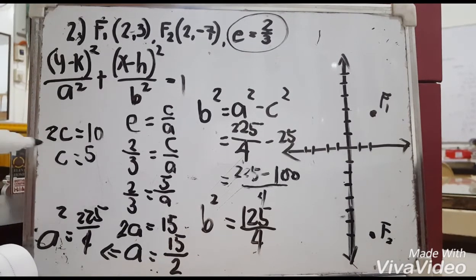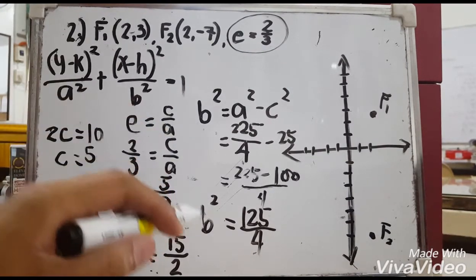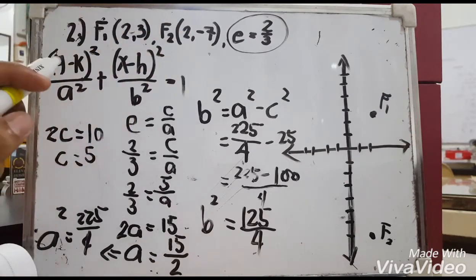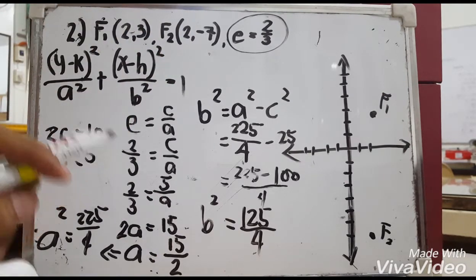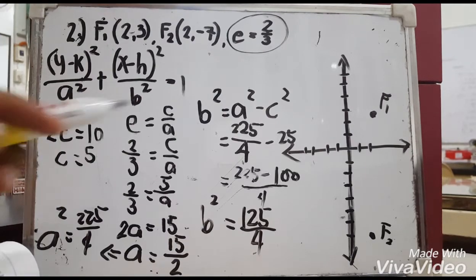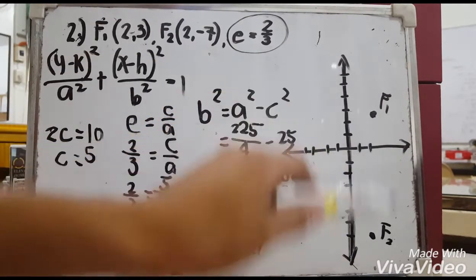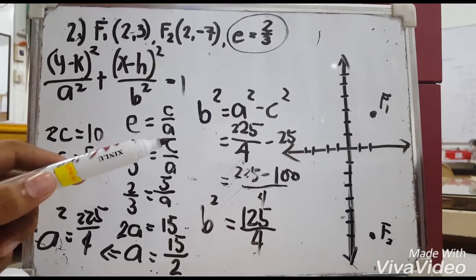We now have a squared and b squared. But take note, we don't have the values of h and k yet. That is the center of the ellipse. But take note, class, the center is always the midpoint between the foci.